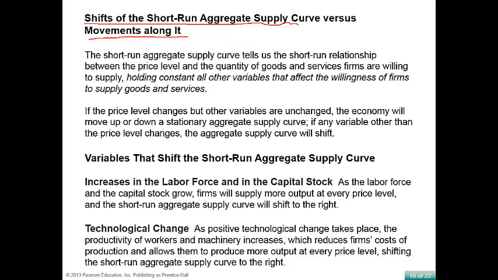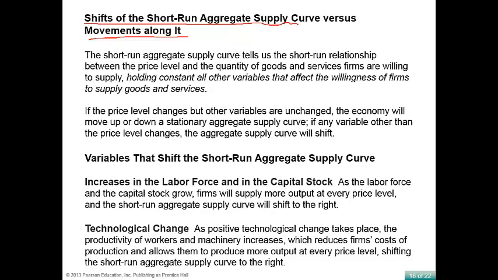The short-run aggregate supply curve explains the short-run relationship between the price level and the quantity of goods and services firms are willing to supply, holding all other variables other than price and quantity constant. If the price level changes, but other variables remain unchanged, the economy will move up or down a stationary aggregate supply curve.